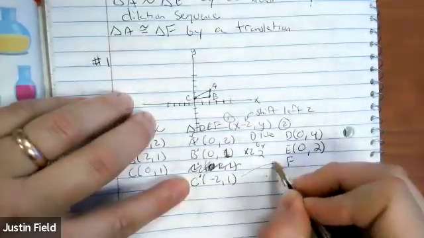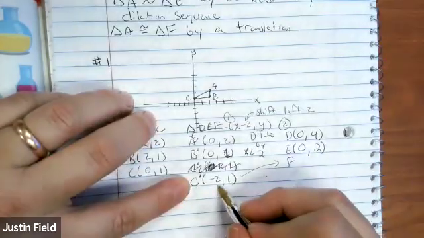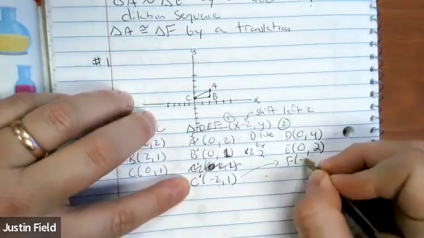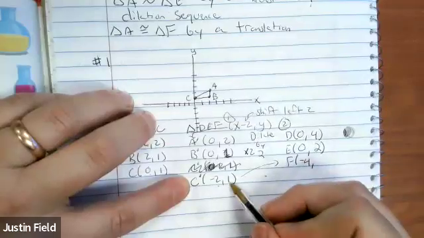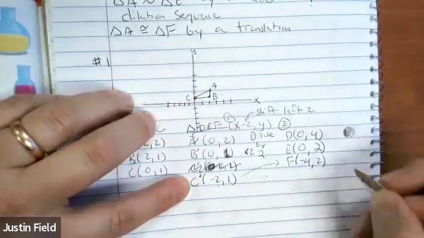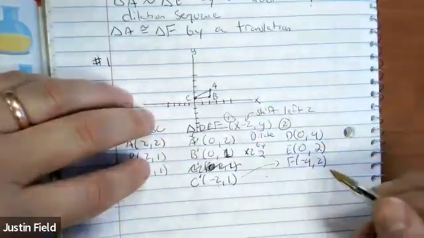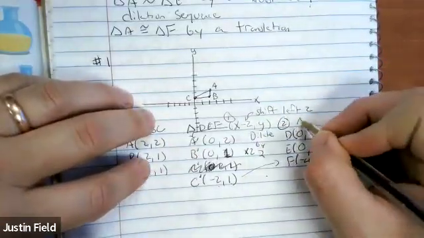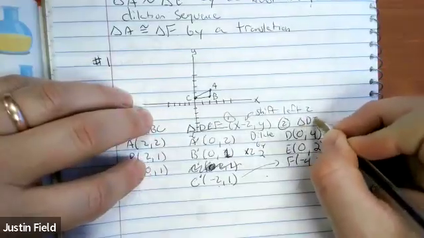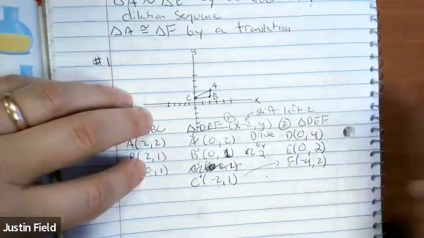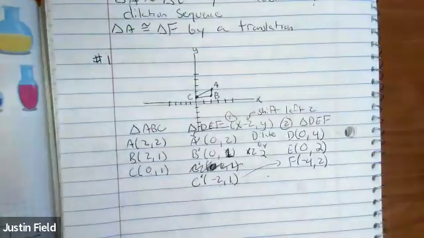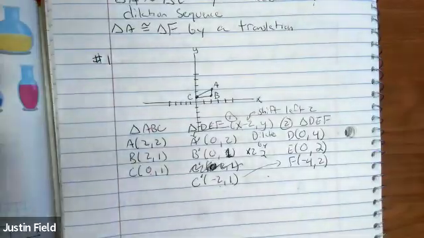And then C prime, 2 times negative 2 is negative 4, and 2 times 1 is 2. Okay, so that's how we get triangle DEF. Little sloppy, but it is what it is. We thought about it together, okay?